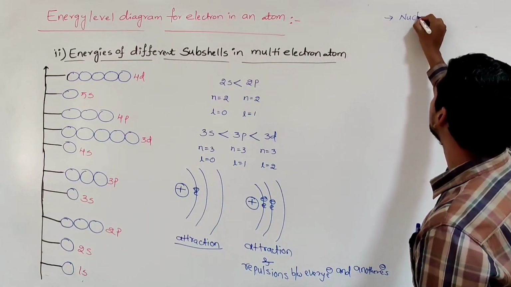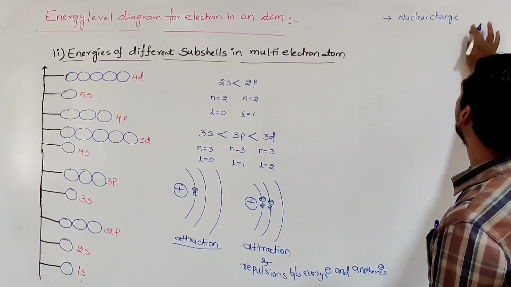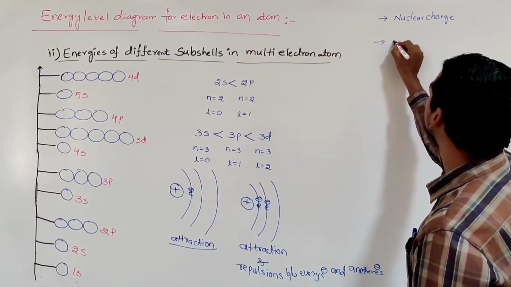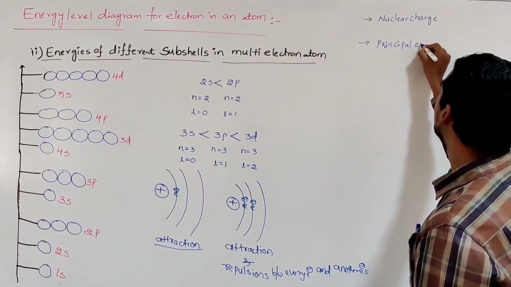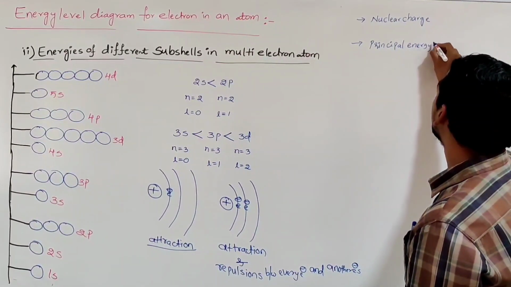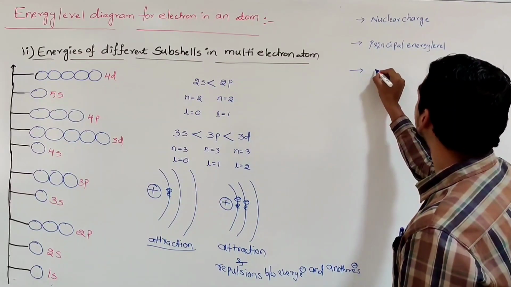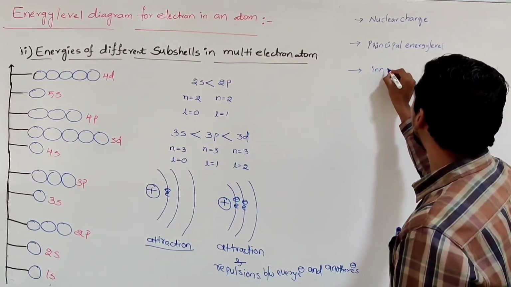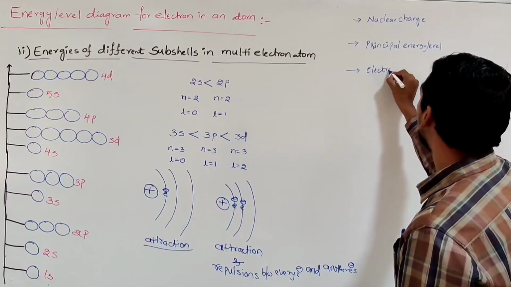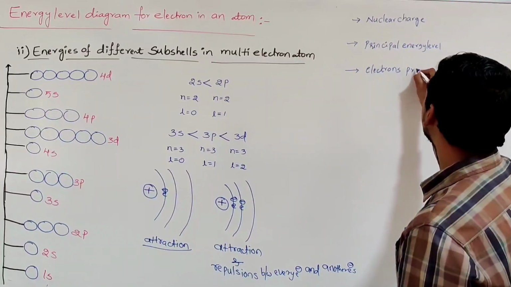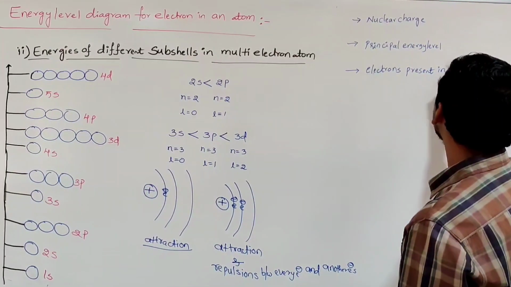One is nuclear charge, the second one is principal energy level, and the third one is electrons present in the inner shells.